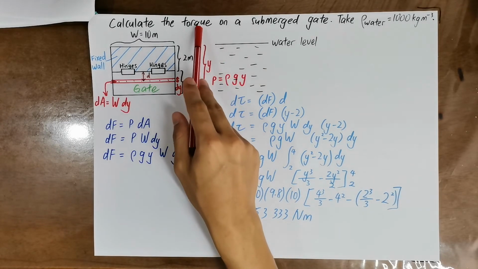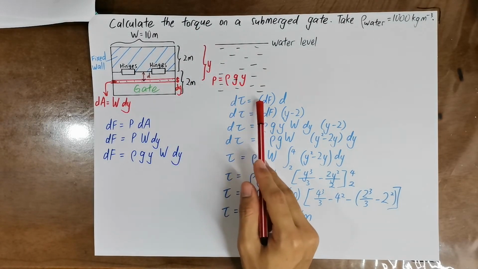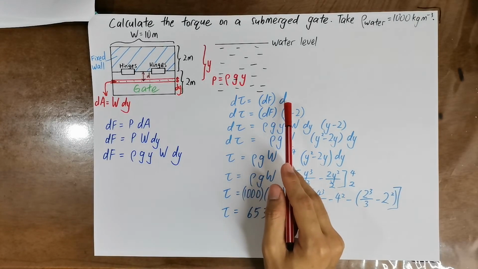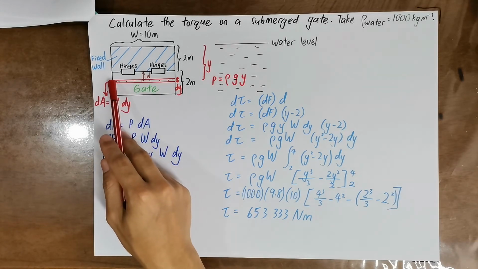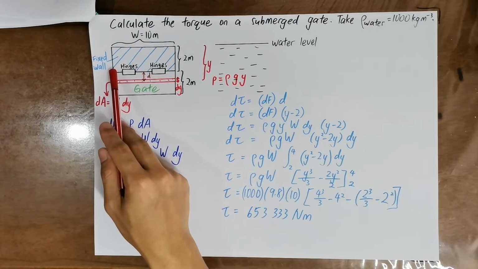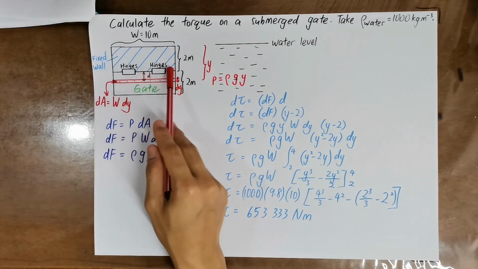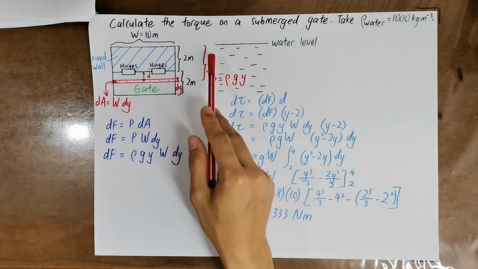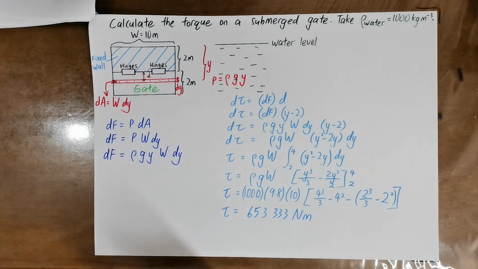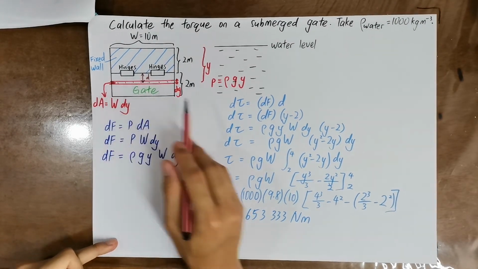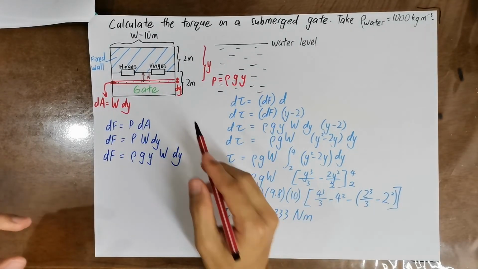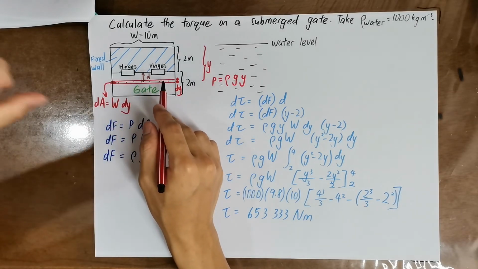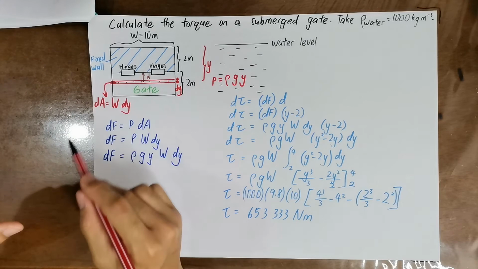Tau means torque. d tau equals dF times d, where d is the shortest distance between this strip and this one, which is your axis of rotation. So we say d equals y minus 2. Like I said, d is the shortest distance between the point where you apply your force and the axis of rotation.